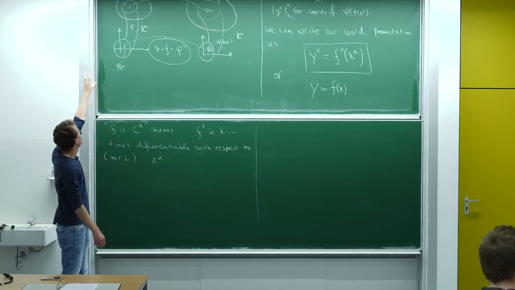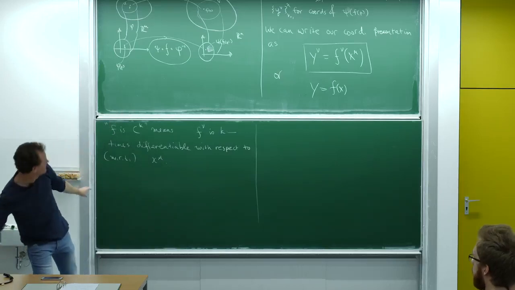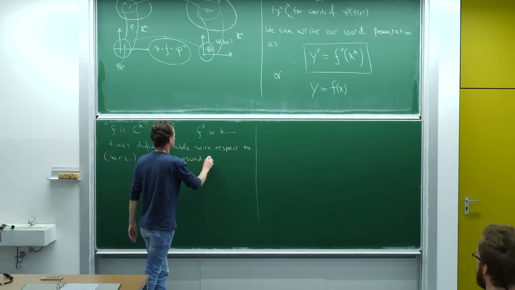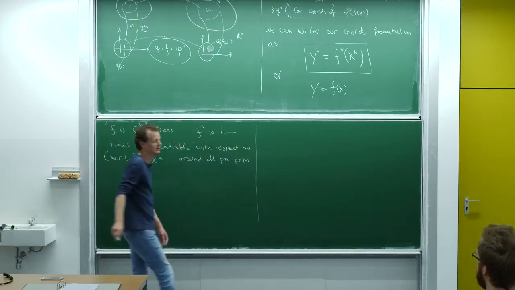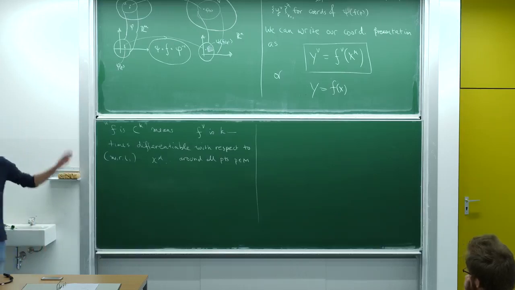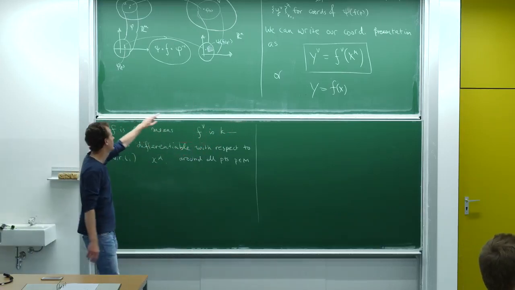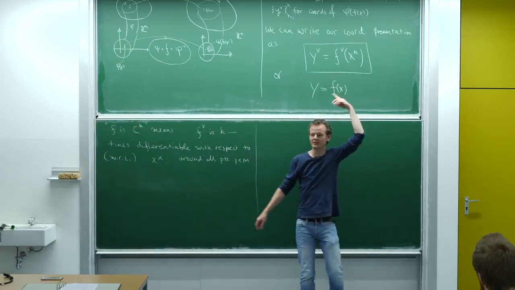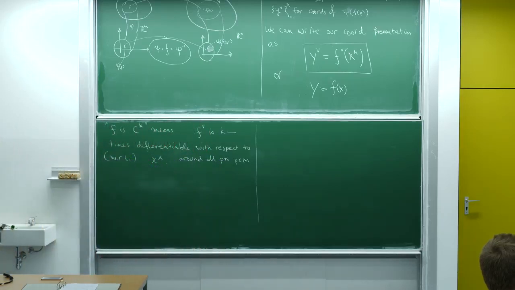Well, it means around every point, oops, I didn't say that. Around all points p in M, you can find a chart and a coordinate presentation of our map such that all these components here are k times differentiable with respect to x mu, where x mu is the coordinates of your chart.